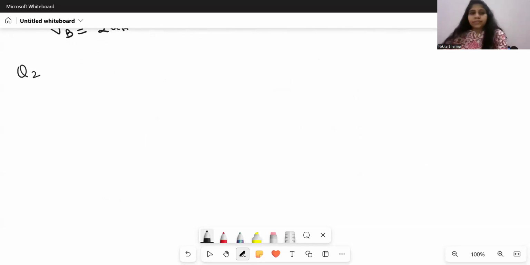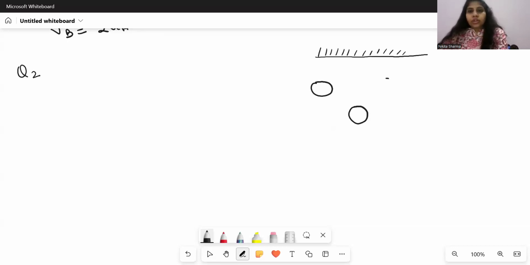Question number 2 says, likewise, a constraint is given to us here. Pulley number 1, pulley number 2, and pulley number 3.